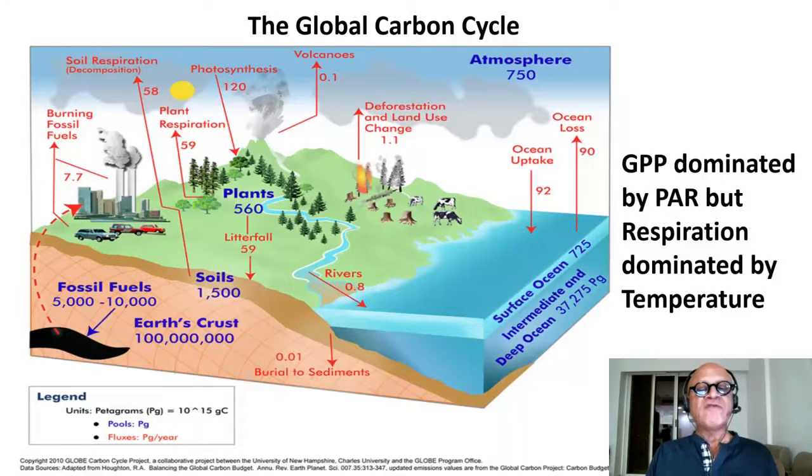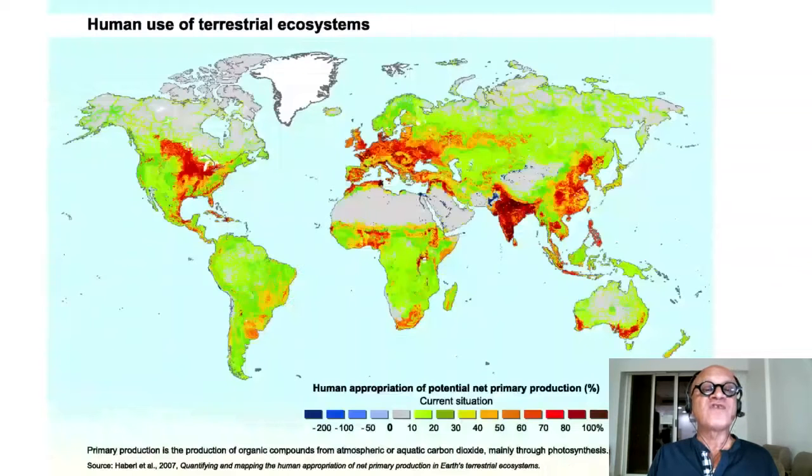So there is plenty of evidence that increasing temperatures drive more respiration and loss of carbon, especially from the soil, because warm soils also drive more microbes and loss of carbon and so on. This is nice work, I think, from Haberl et al. in 2007.